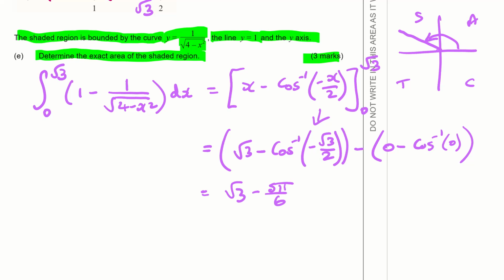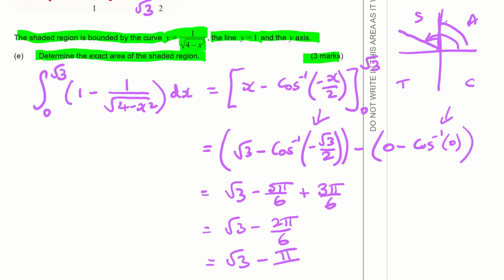And then over here, it is up here when the angle is pi by 2 that the cosine is 0. So we're going to have plus pi by 2 essentially, or 3 pi by 6. And then simplifying that, root 3 take away 2 pi by 6, which is root 3 take away pi by 3.